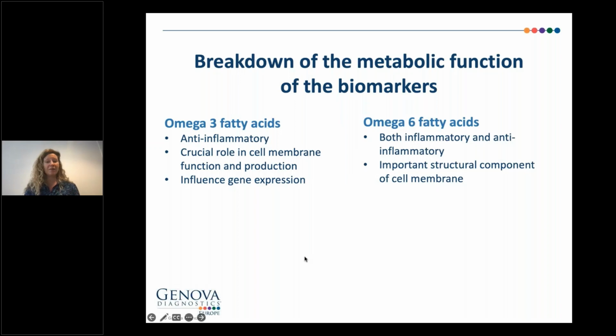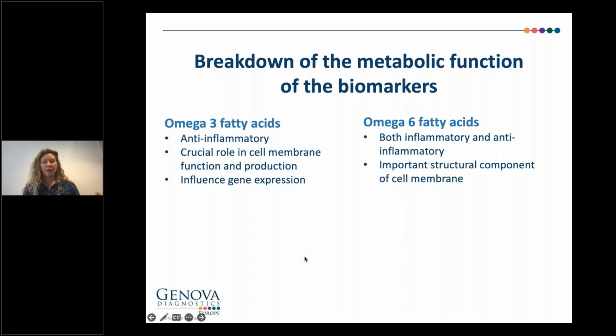So then we have the omega-6 fatty acids, and a breakdown of the omega-6 analytes are closely evaluated in relation to omega-3. Of course, you've seen that on the second page with the fatty acid metabolism layout. Now, many of you will know that, of course, omega-6 is very much related to its pro-inflammatory properties.